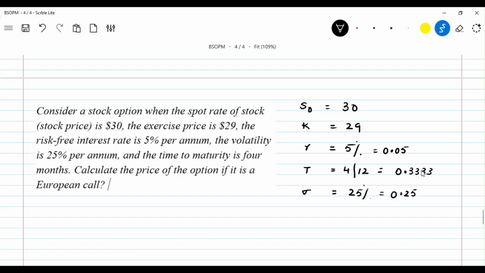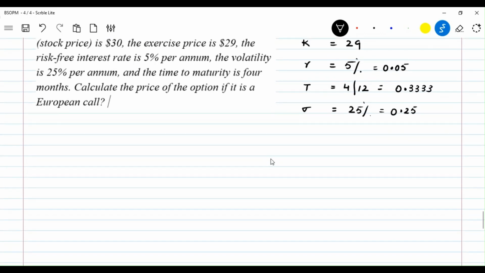Now, we know the formula of the call option for Black-Scholes, so we will write down that formula. Call option is equal to spot rate times ND1 minus K, where we are trying to find the present value of this K, times ND2.